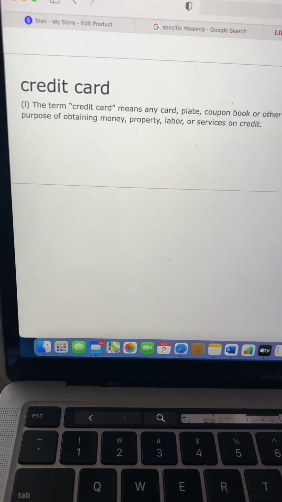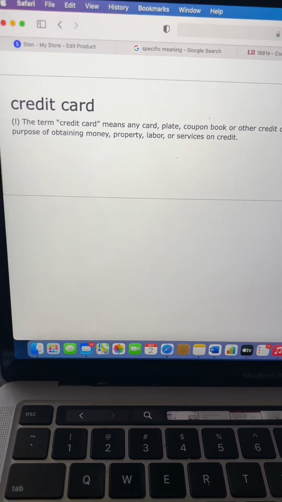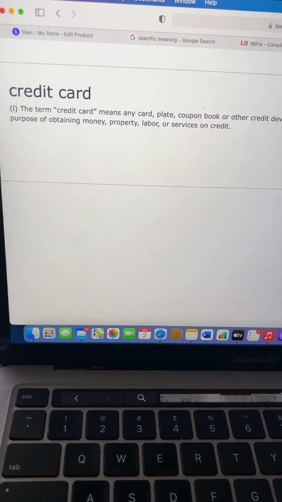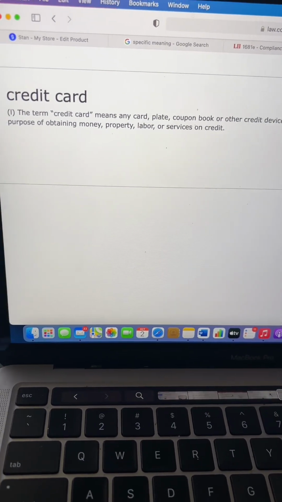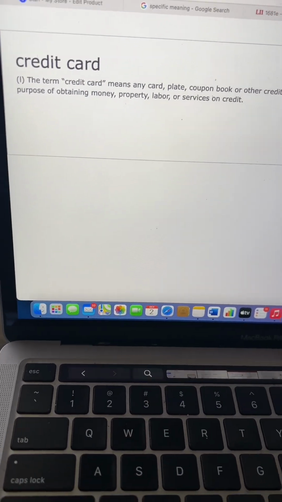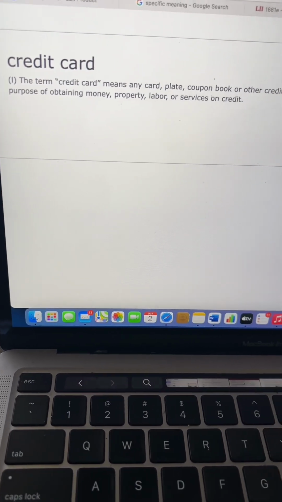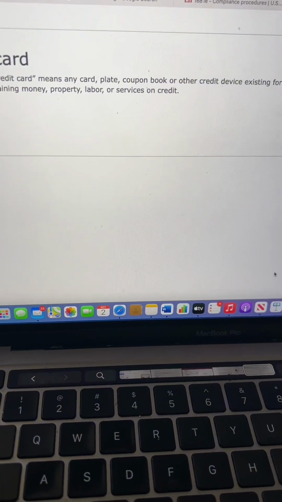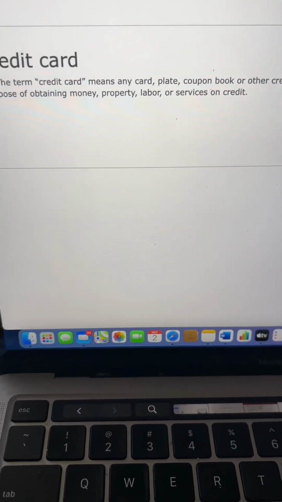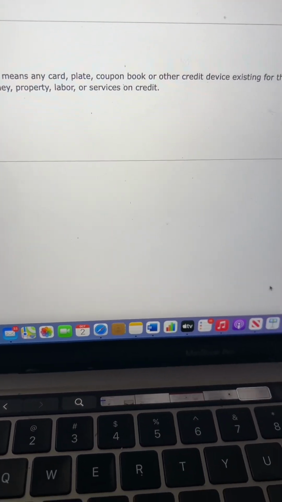You got to understand what this is saying when you are asking yourself, how do I remove these accounts off my consumer report, these charge-offs, student loans, personal loans, whatever it may be, collections. It's telling you. We're going to read it again because some of us really need to get this in our brain and overstand what this is saying. The term credit card means any card, plate, coupon book, or other credit device existing for the purpose of obtaining money, property, labor, or services on credit.